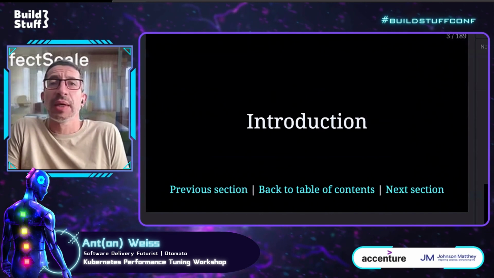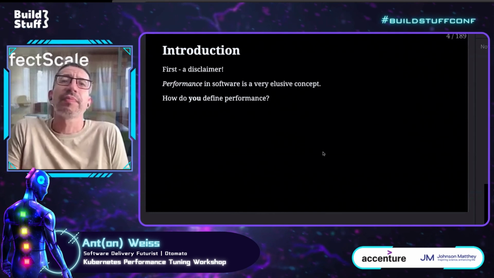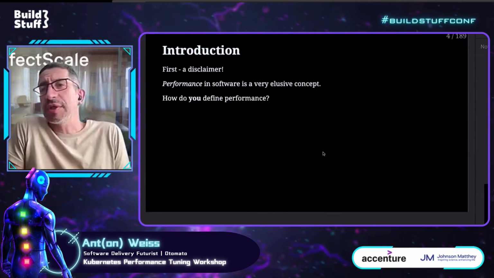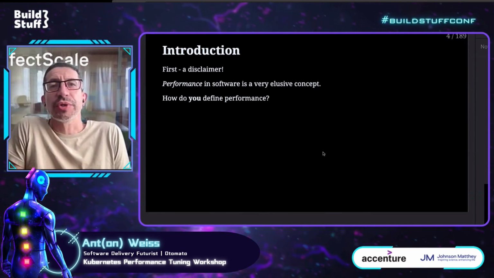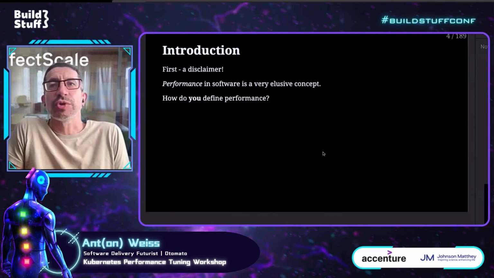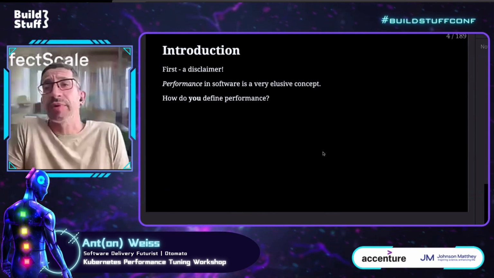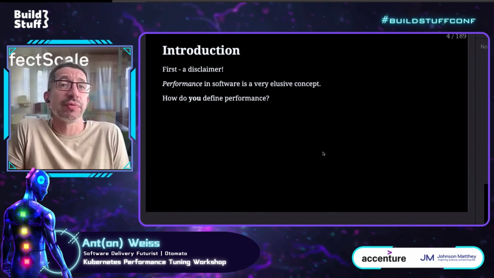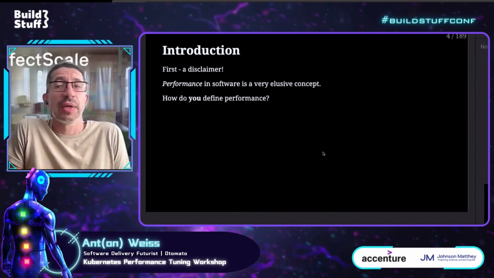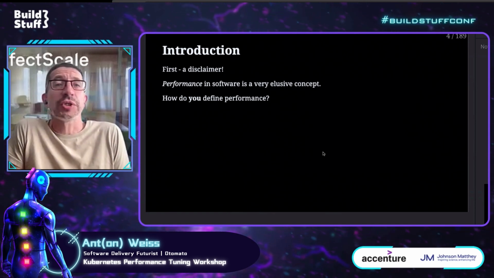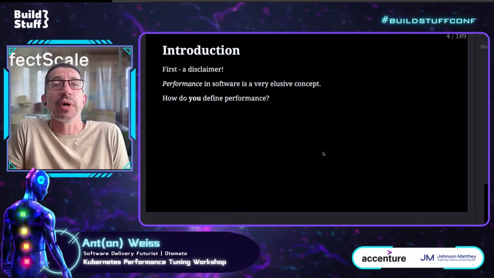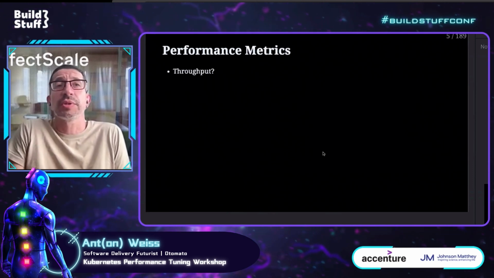Okay. So, first of all, as I said, performance. I'm not sure it's fair to talk only about performance because performance in software is a very elusive concept. There are lots of questions about how to define performance.